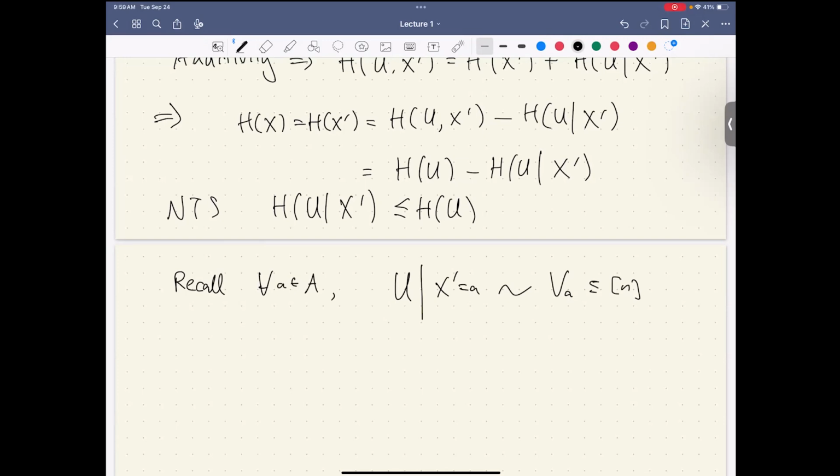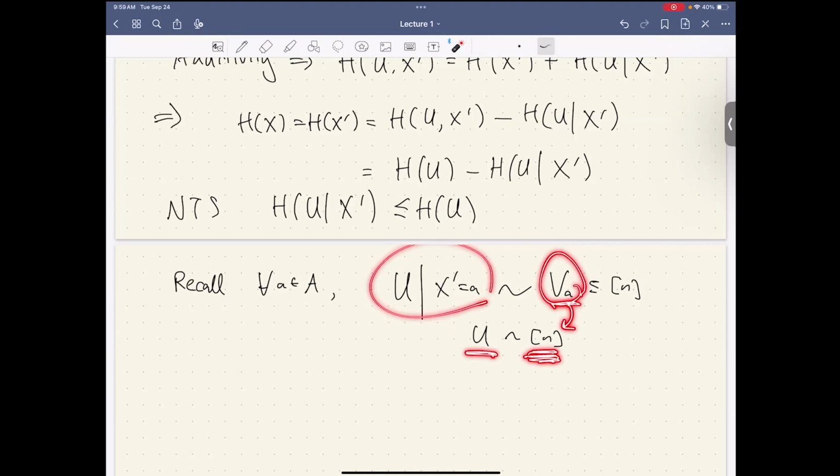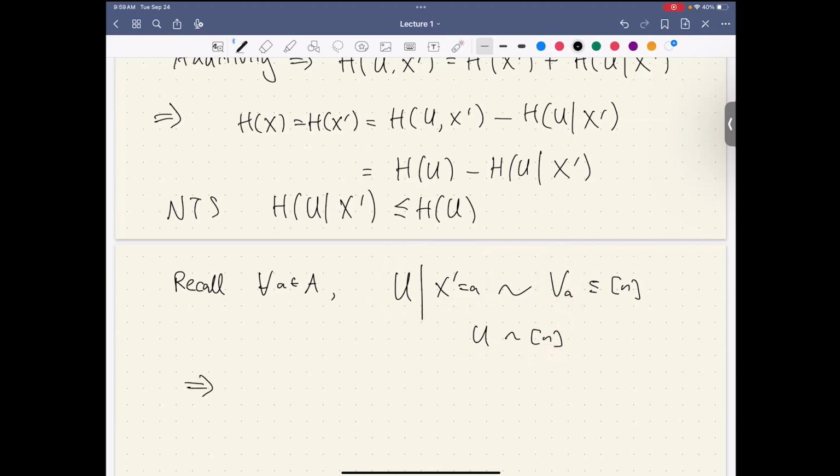Then, we know that U is uniformly distributed over N. Remember one of the lemmas we proved: if you have two random variables uniformly distributed on two different sets, where one set is smaller than the other, then the entropy of one is at most the entropy of the other. So we have, by the previous lemma, this conditional entropy is at most the entropy of U.